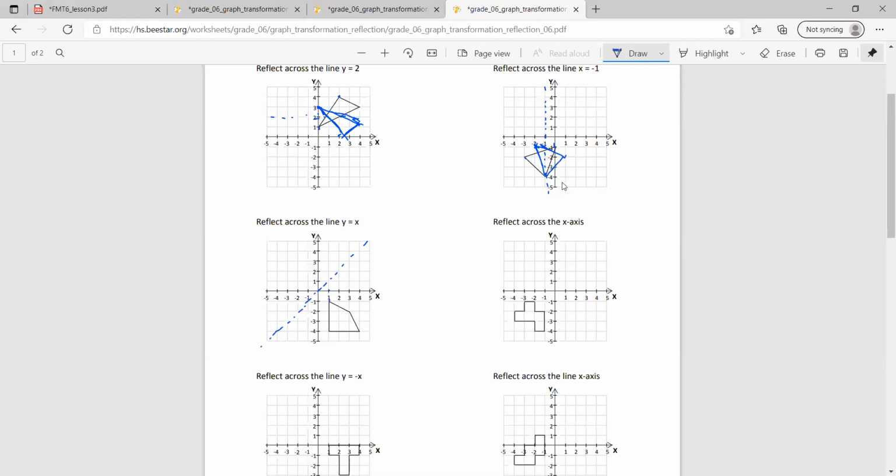So this point will reflect across this line, which would make it this point, and then this point would reflect across this line, which would make it this point, and then this point would reflect across this line, which would make it this point, and then this point would reflect across and make it this point. So if you draw it out, the shape would be this. Got it?